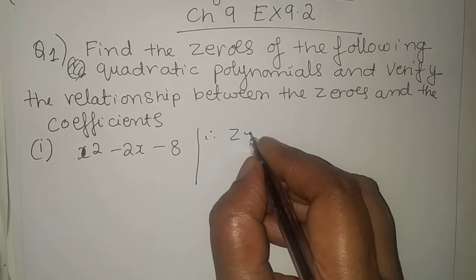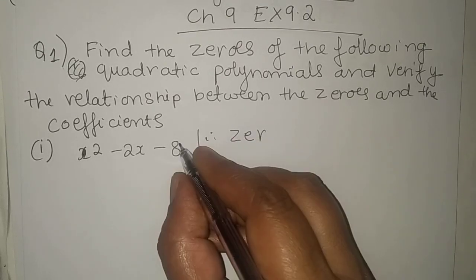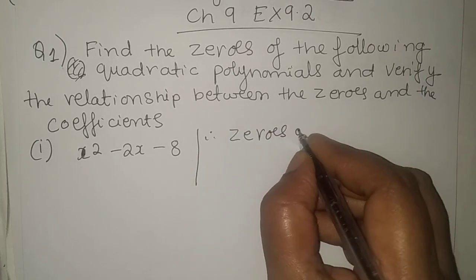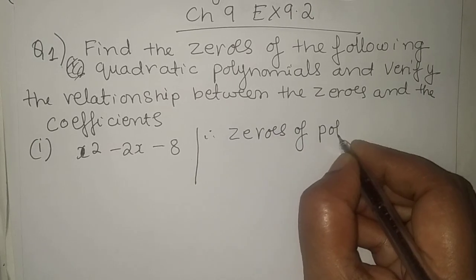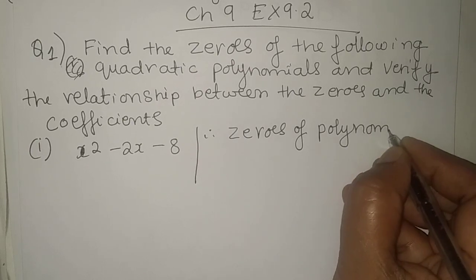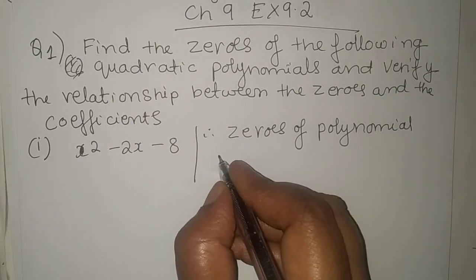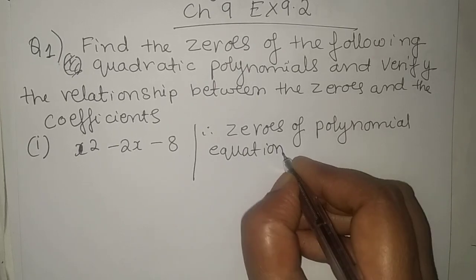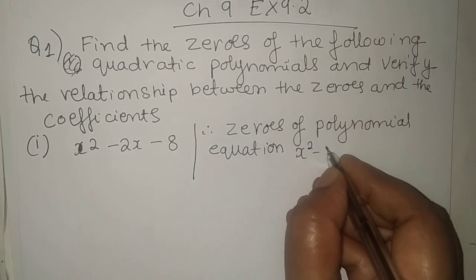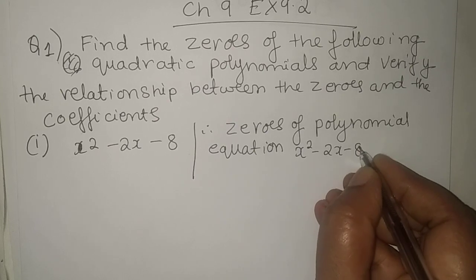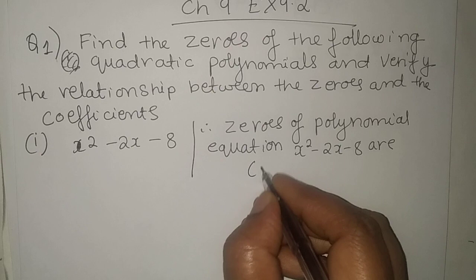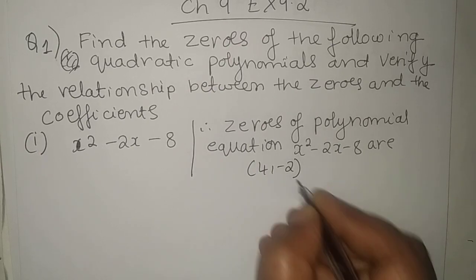Therefore, after solving this equation, we got the zeros of the polynomial, that is x square minus 2x minus 8, as 4 and minus 2.